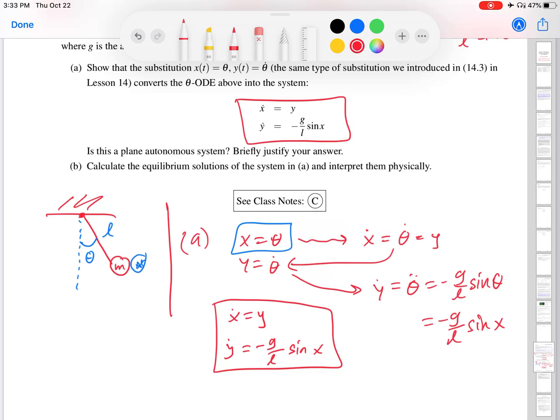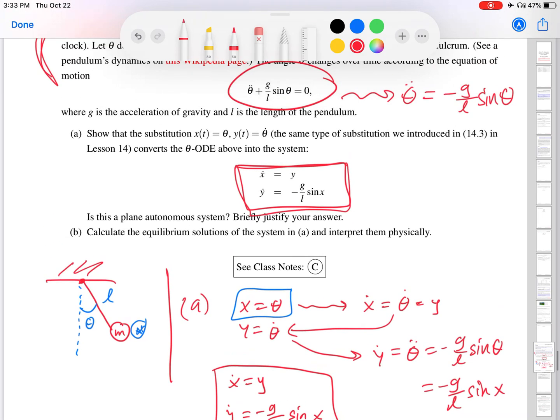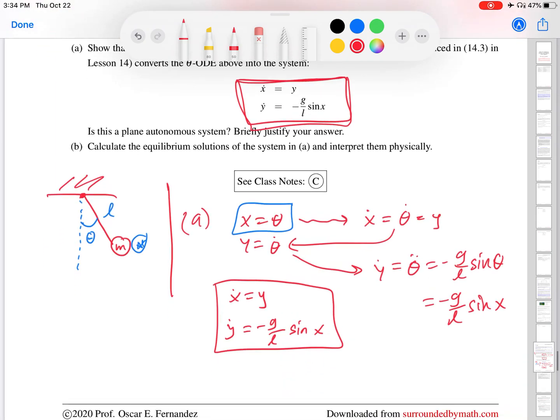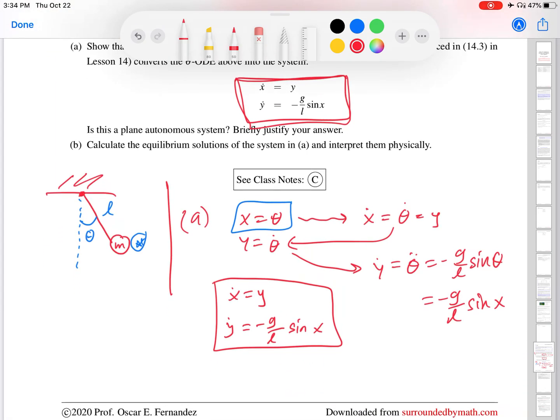This is not a linear system because of the sine x that makes it a non-linear system. So you can expect there are going to be some rich dynamics here for a pendulum, and again, you might not think that when you see a pendulum swinging, it's nothing exotic. But mathematically, it's actually very, very hard to write down the actual solution to this system or to this ODE. You do not get a very simple function.